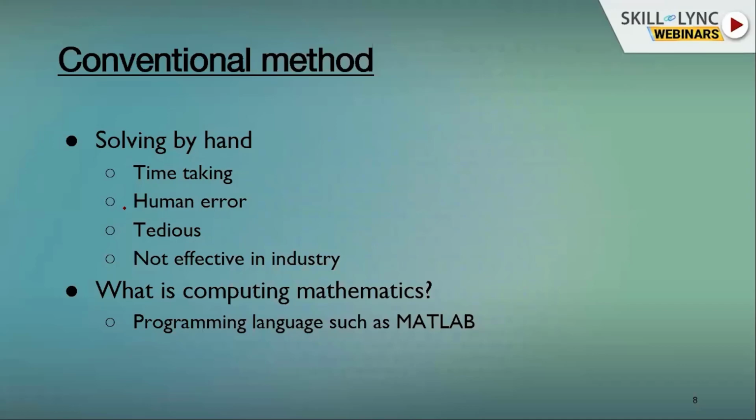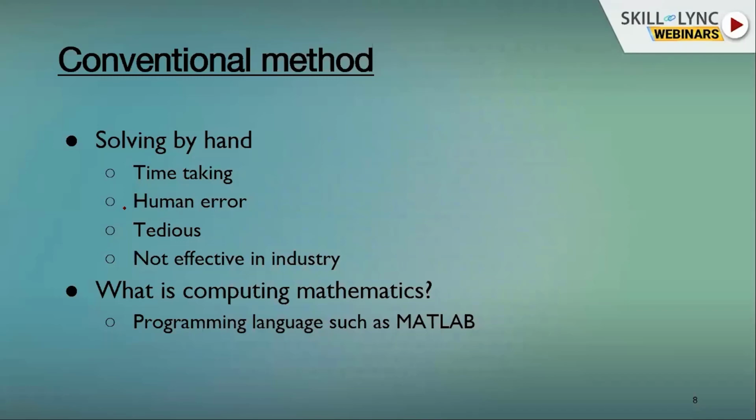Here Skill-Lync has given a workshop which will help you understand how computing mathematics is a bridge between the engineering domain and the industries, and that's why computing mathematics is becoming an interesting course at MIT and Harvard. Even in IITs I have seen various courses; now they have started teaching computing mathematics.